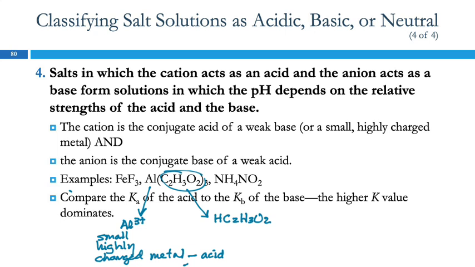Do you have to recognize what it is? No, you don't. It's just not one of the six, so this one is weak. So that means that this acts as a base. So this guy acts as a base, this guy acts as an acid. Who's going to win? You'd have to look at Ka and Kb.